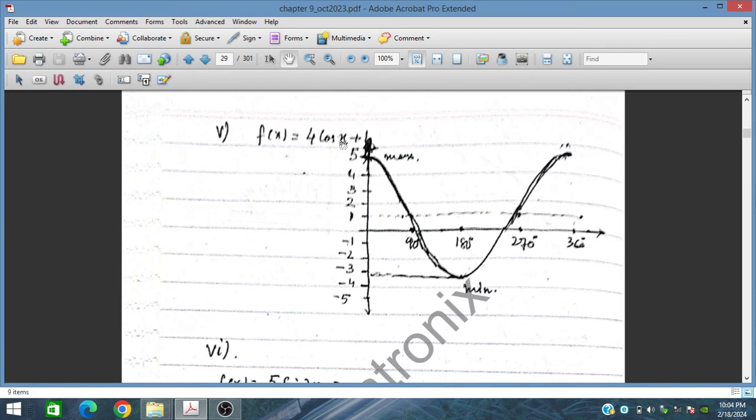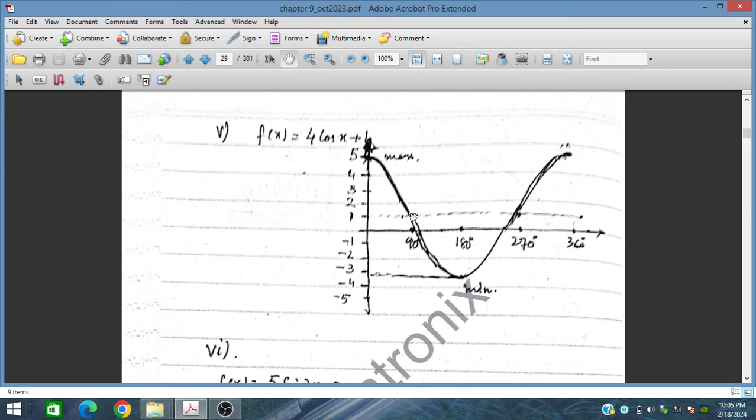At 180 degree, this is minus 1. Minus 1 multiplied by 4 is minus 4, plus 1 is minus 3. That's why this is minus 3. At 90 degree, this is 0. So at 90 degree, the value will be 0, plus 1.